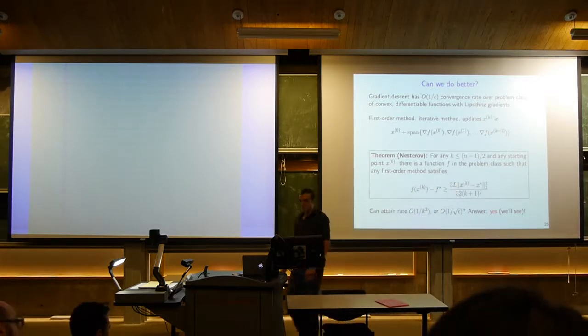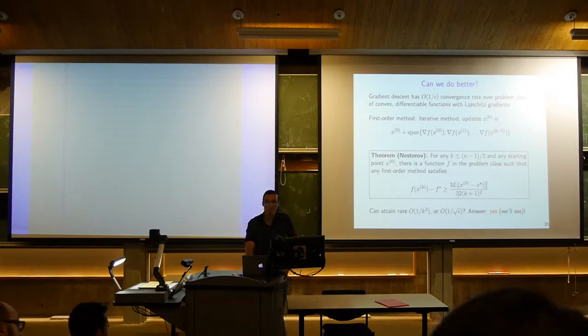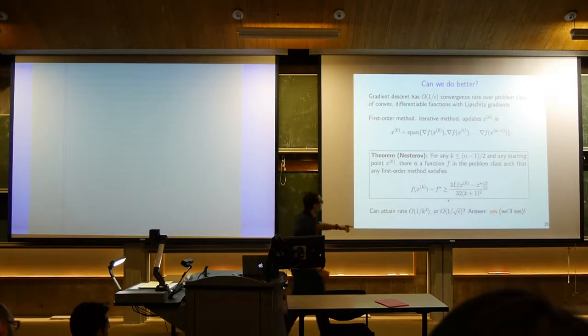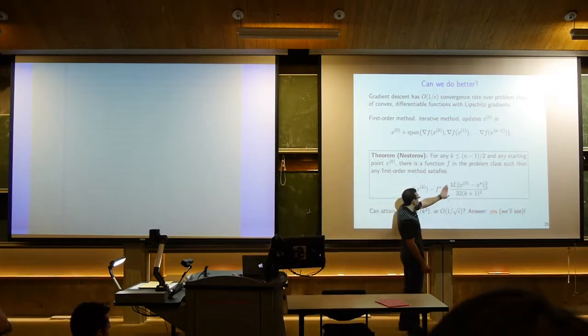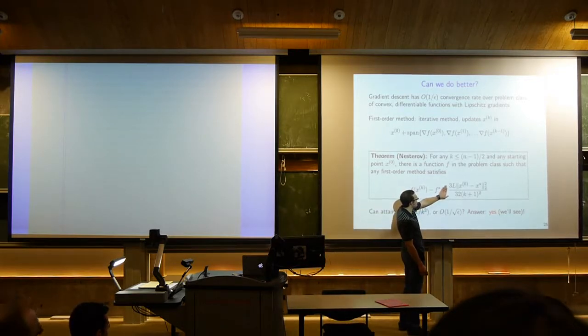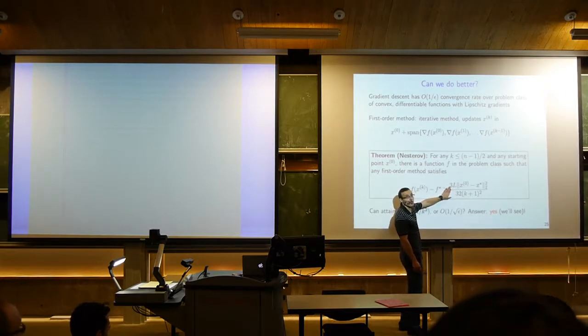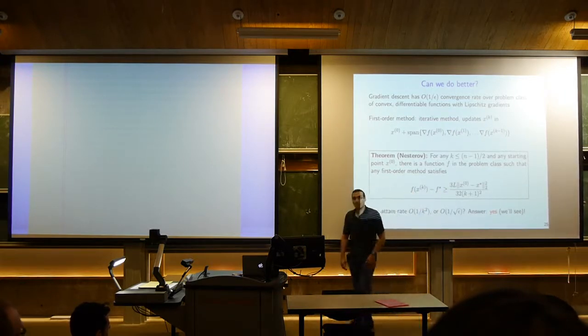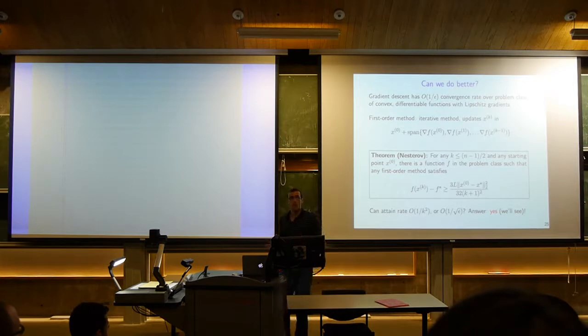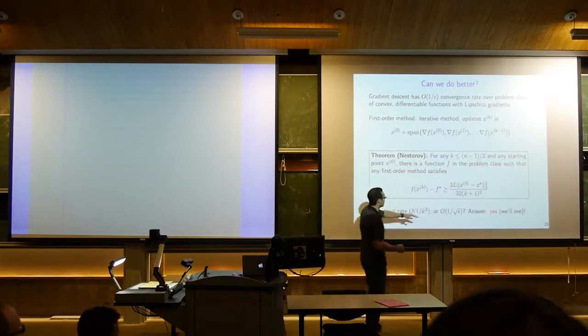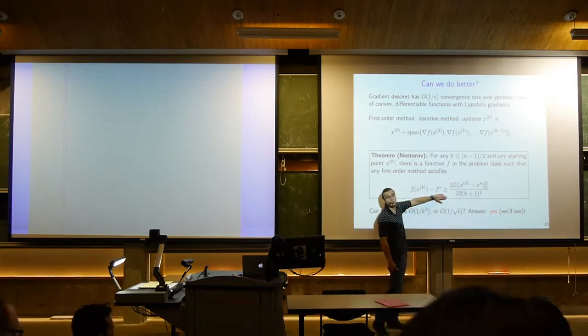So in a sense, this is saying that if somebody writes down for you an algorithm that has a bound like this, its suboptimality gap is less than or equal to something over k squared for all problems, then that's optimal, because no method can do better than that. This is a lower bound on the convergence of all first order methods.